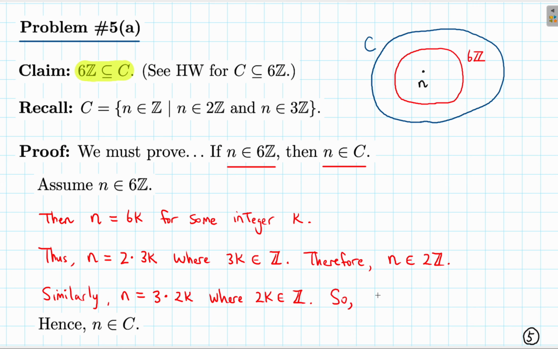And so we can say that n is a multiple of 3, or an element of 3Z. So we just showed that n is an element of 2Z and also an element of 3Z, and therefore we can conclude that n is an element of C. And so that concludes the proof of showing that 6Z is a subset of C.